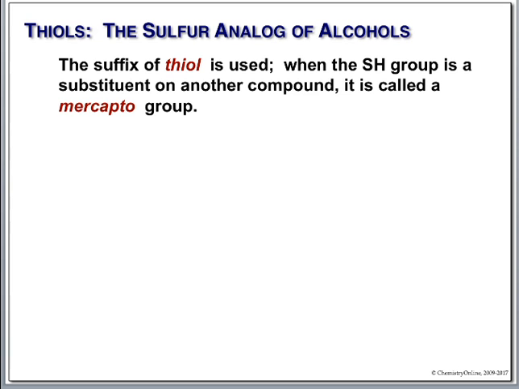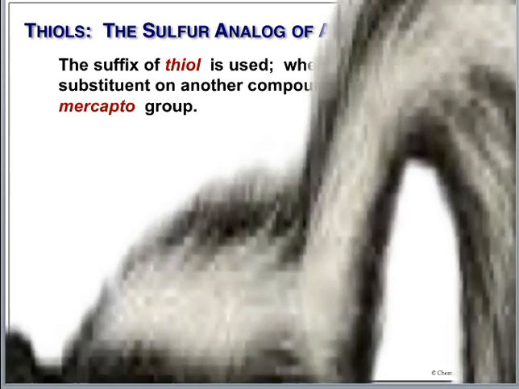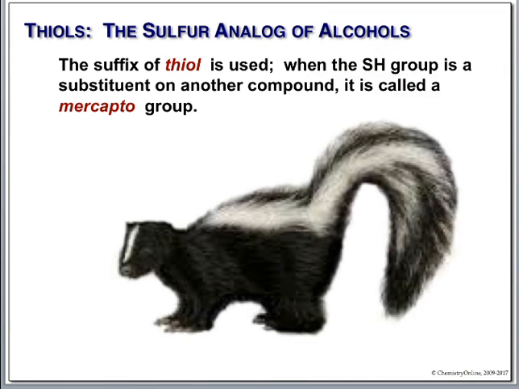Thiol is also called a mercapto group. You don't have to worry about the nomenclature here, although we'll show it. The one thing that you need to remember about thiols is that they stink. They stink.